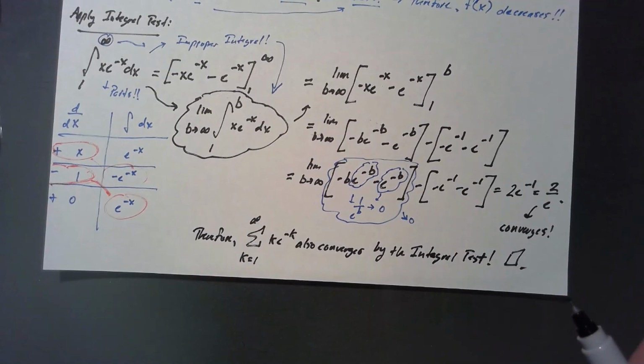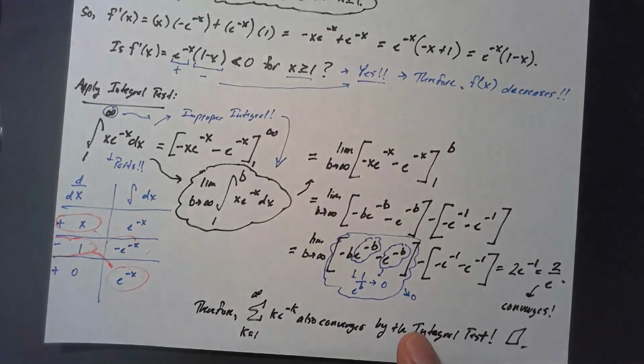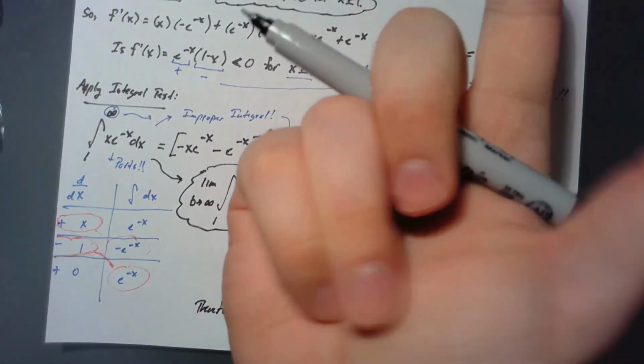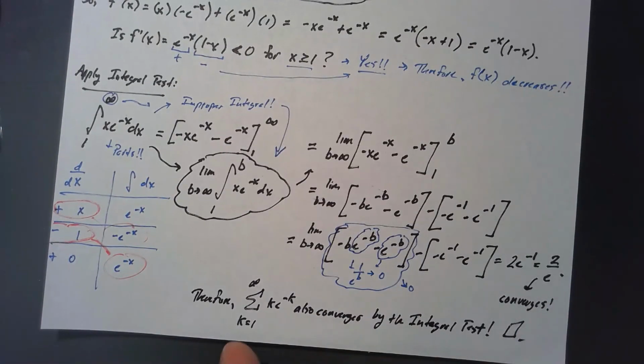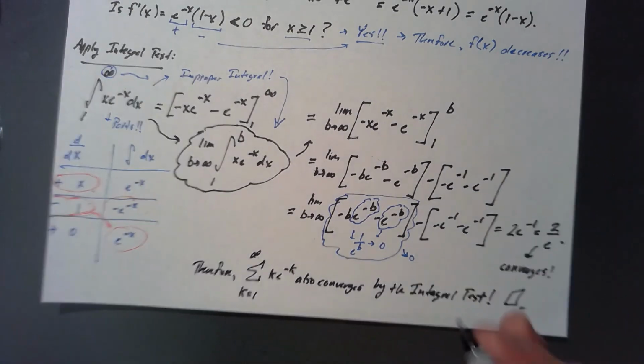Because remember when we started looking at series, I said that for most infinite series, we don't know what they converge to, unless it's geometric or telescoping. We can only determine if they converge or diverge. We knew that this series converged by doing the integral test. We know that this series converges, but we don't know what it converges to.